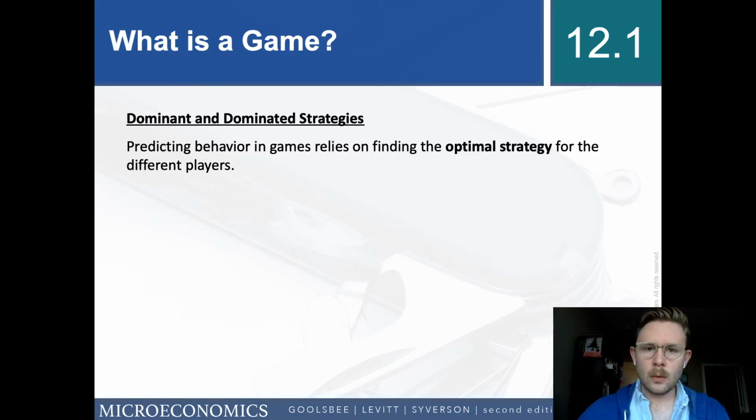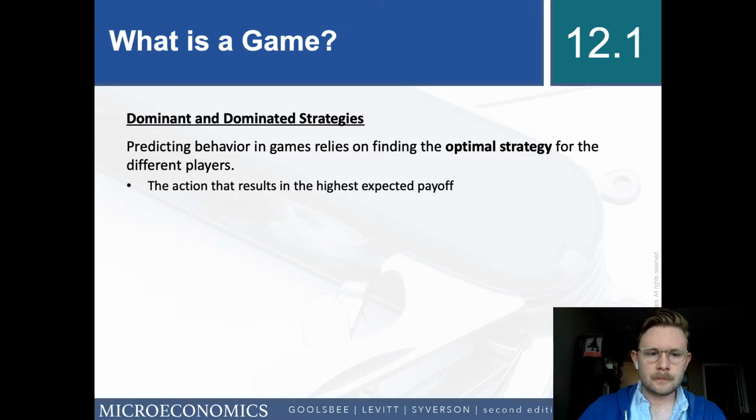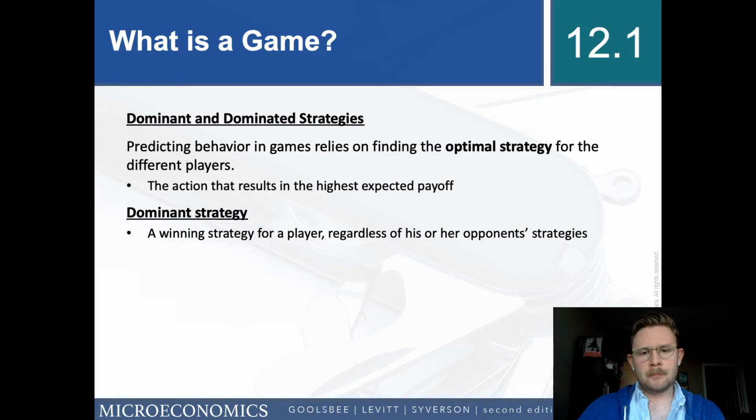So predicting what your opponent is going to do, or choosing what you yourself are going to do, depends on finding the optimal strategy for each player. The optimal strategy is the action that results in the highest payoff. There's the potential for a dominant strategy. This is just a winning strategy for a player, regardless of what his or her opponent does.